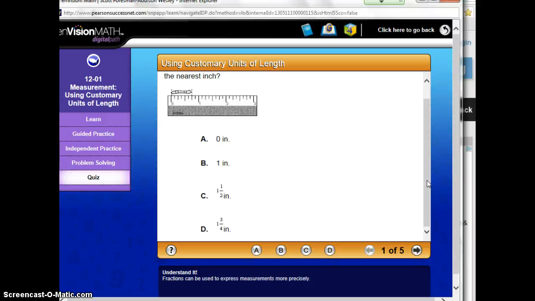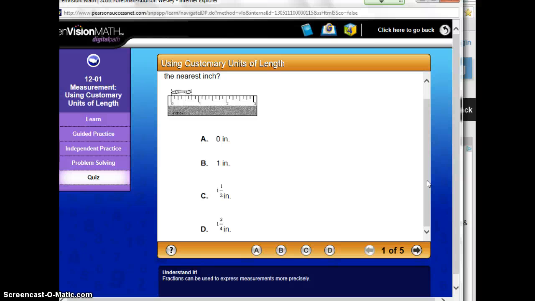I'm going to give you guys a hint. There are answers in your choices that can't possibly be because they are not to the nearest inch. What do you think the answer is, Kiara? 1.5. But we want to the nearest inch. So 0, 1, 2, 3, 4, 5, 6, etc. inches. Which is that closest to?